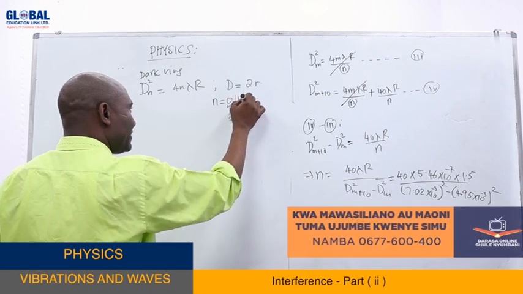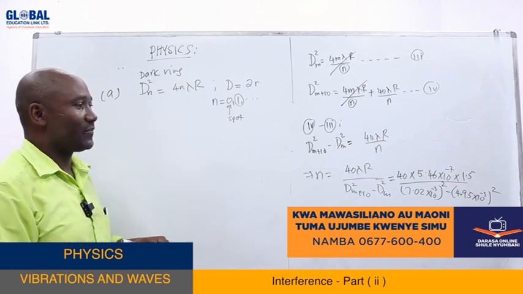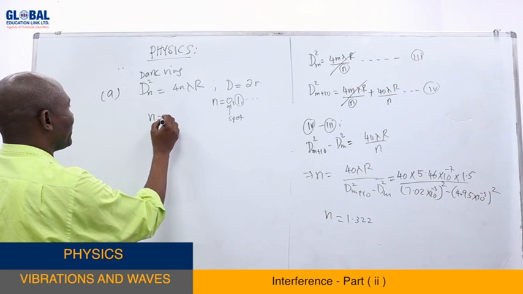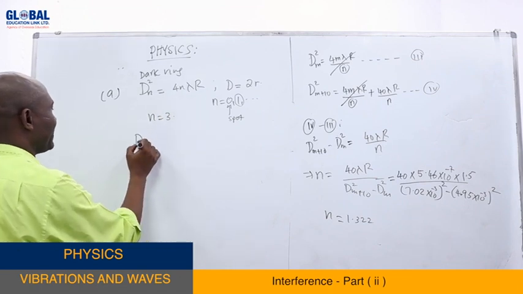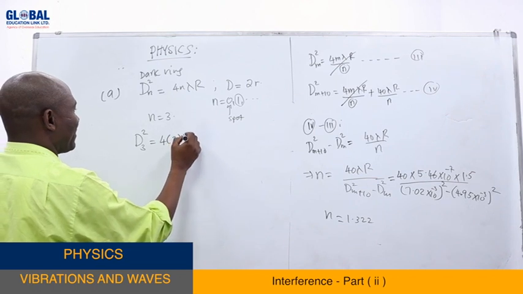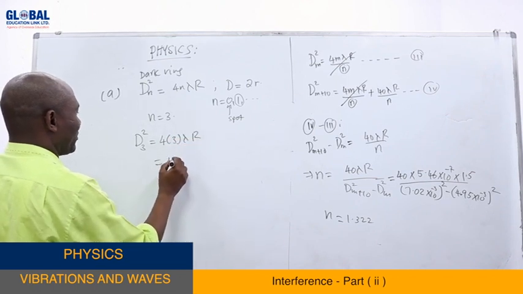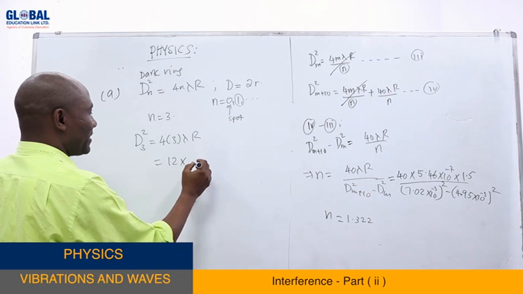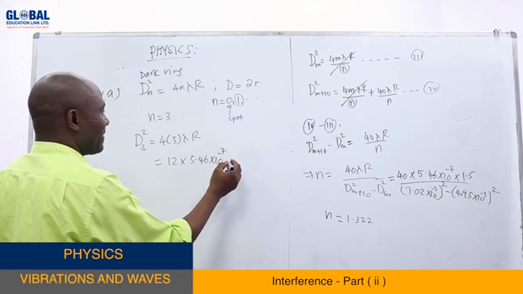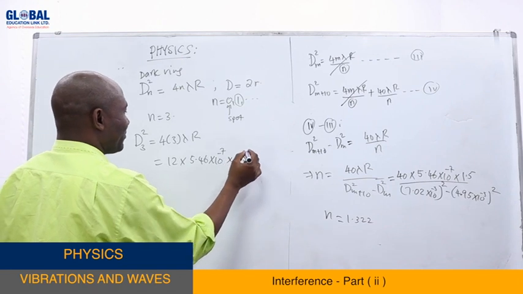So the first ring is found when n equals 1, and the second when n equals 2. So the third ring is found when n equals 3. So d3 squared equals 4 times 3 times lambda times r. We take 12 times lambda, which is given as 5.46 times 10 negative 7, converted into meters, times the radius of curvature 1.5.